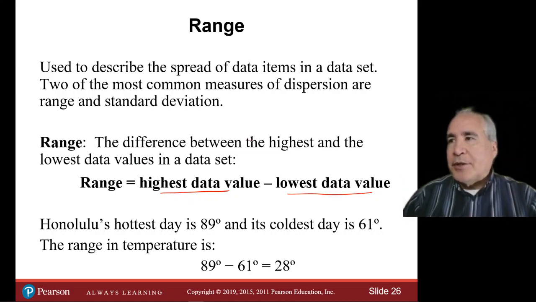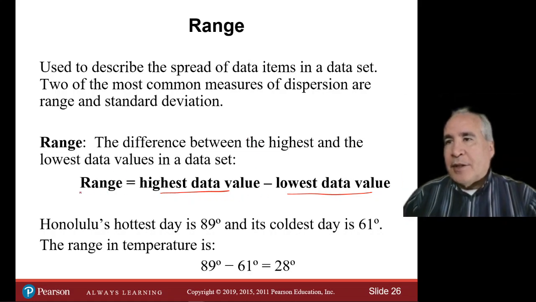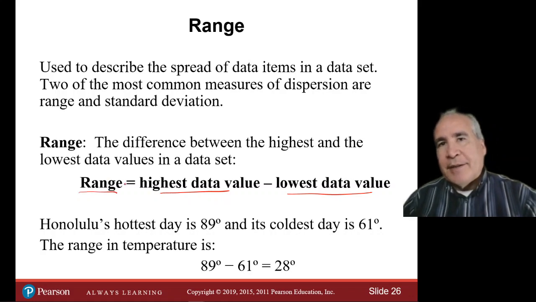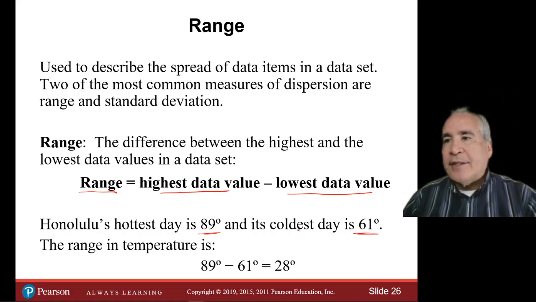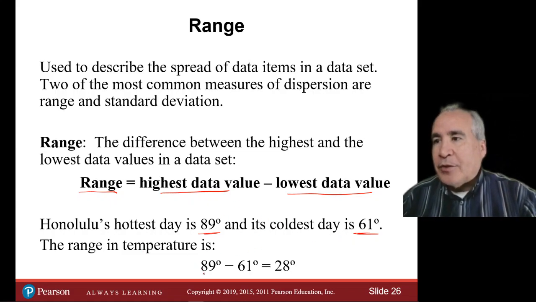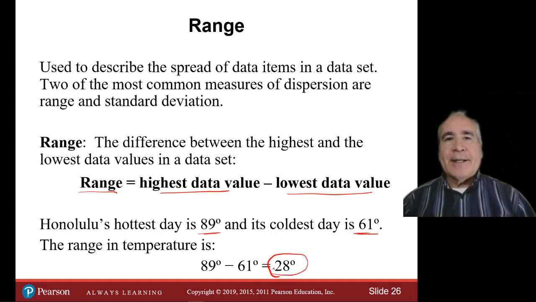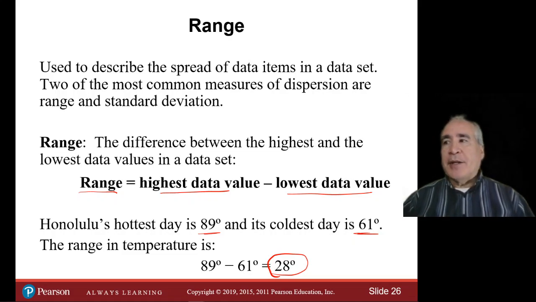So with temperatures, oftentimes we'll use the temperature range from maybe the cold in the evening to the hot in the afternoon. So hottest day is 89 and the coldest day is 61. Again, these are both daytime temperatures. So it could say in Honolulu, there's a 28-degree range, the spread of the data of the temperature.